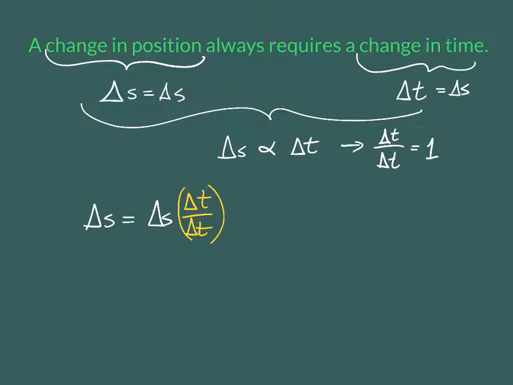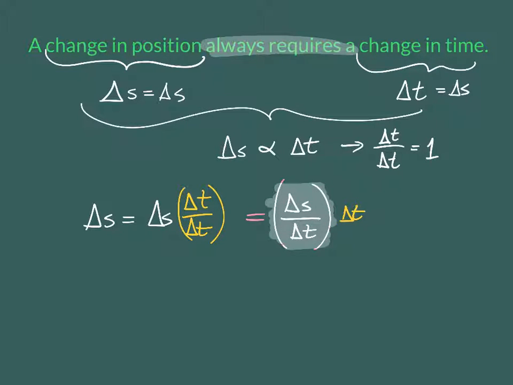And so if I continue on here, then I'll have delta S per delta T times that delta T. And so this always requires business has now been encoded for. Change of position always requires a change in time. Okay? Now the axiom has encoded for what the law describes.